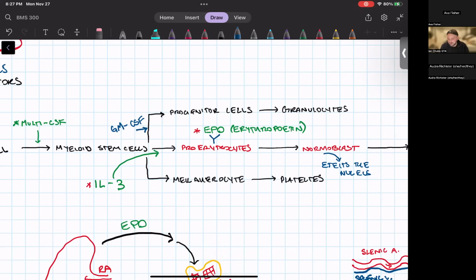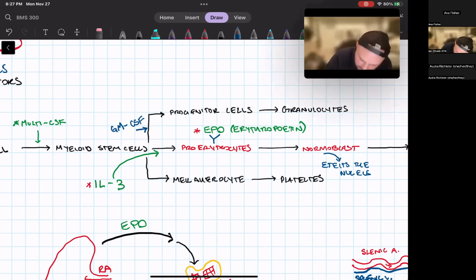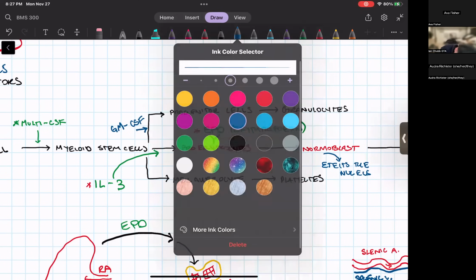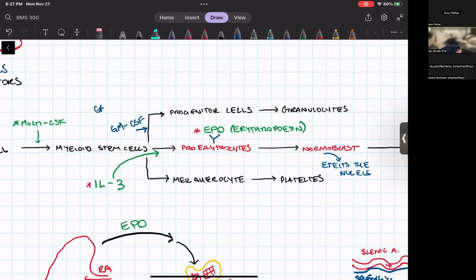Yeah, the macrophage. So granulocytes, so GM. This kind of makes a little bit of sense since you are becoming a granulocyte at that point. The other one is the MCSF, which is going to stand for the monocyte.